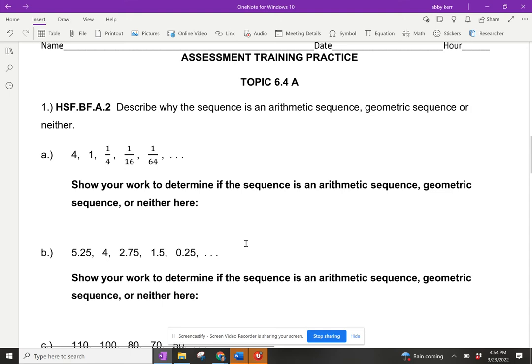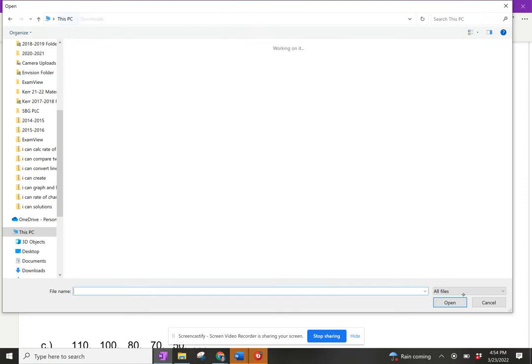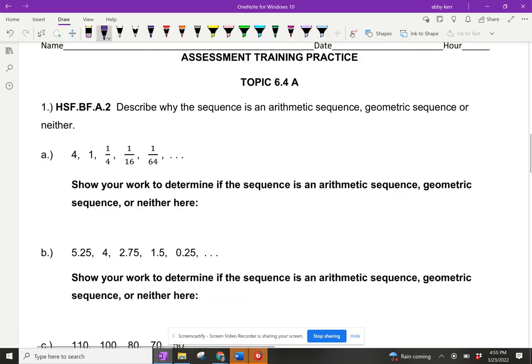So for the assessment training practice 6.4, the first few questions are to determine what type of sequence it is: the arithmetic, the geometric, or neither. For this, it will have a common difference.